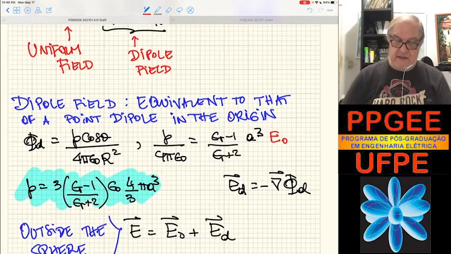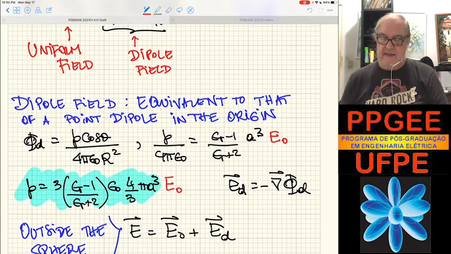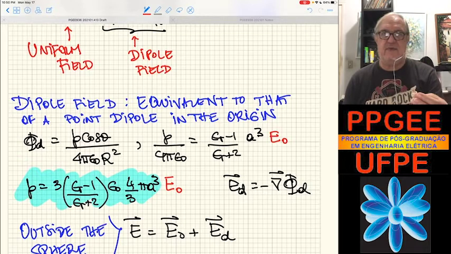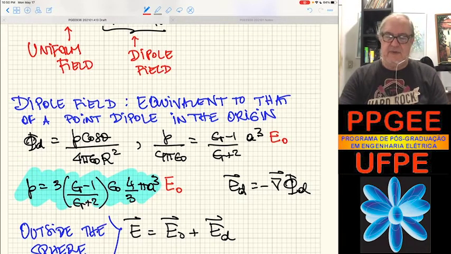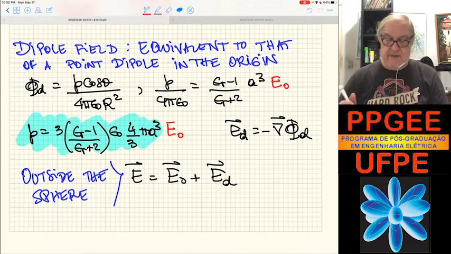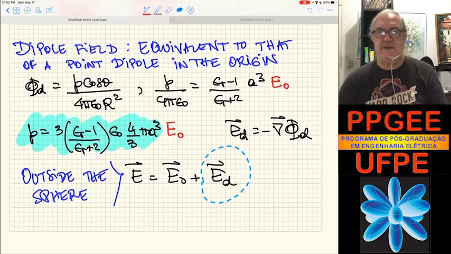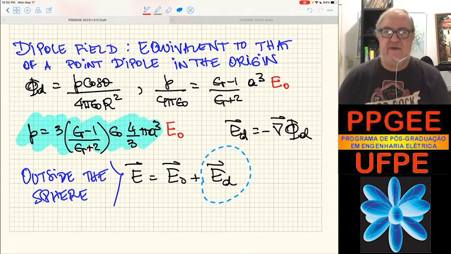So that's what the dipole is. You have an induced dipole which is proportional to the applied field, right? So outside the sphere, the field is that due to a uniform field plus a reaction dipole field.